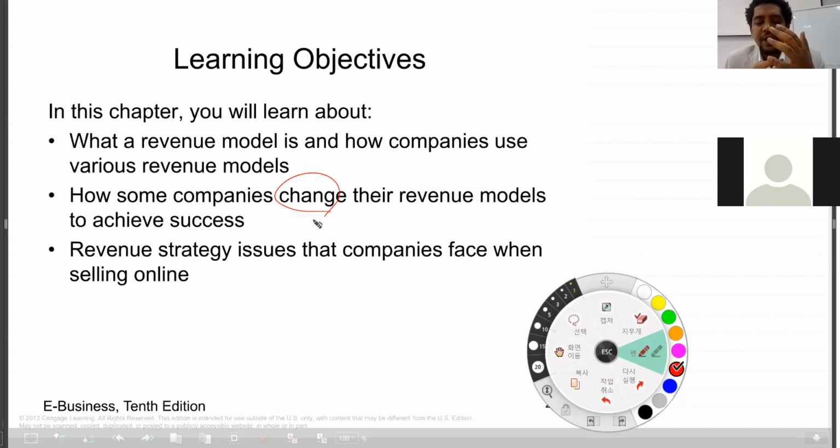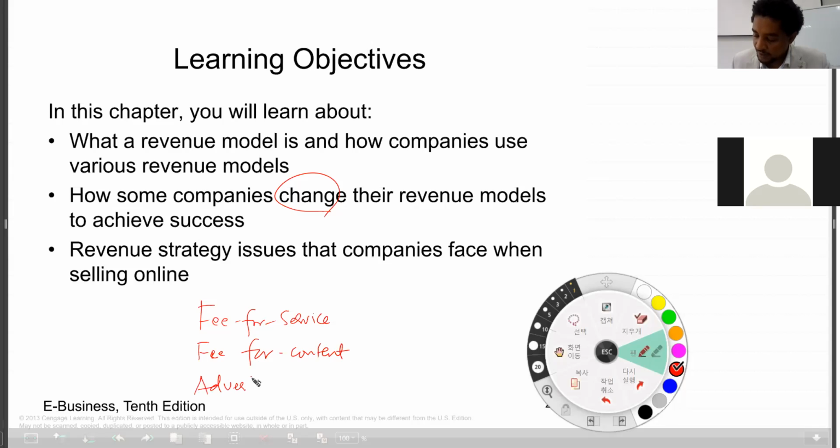So for example, you have revenue models like fee for service, or fee for content, or advertising revenue model, or you might have subscription.